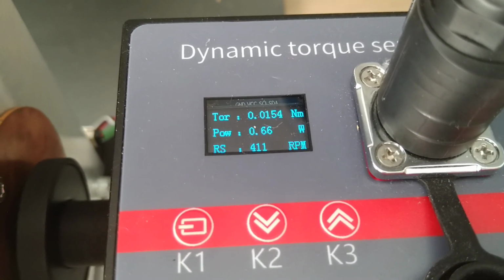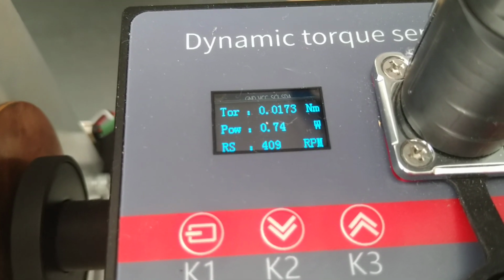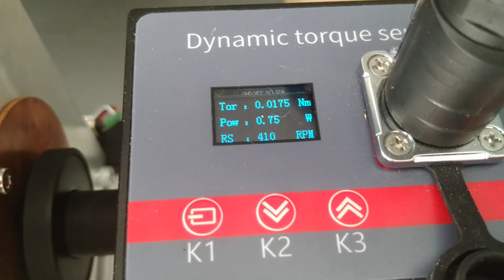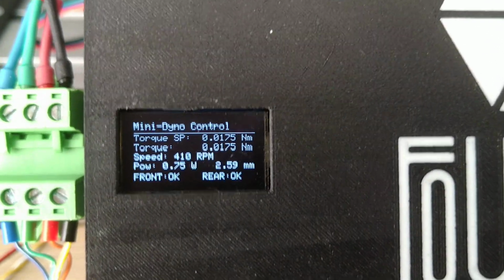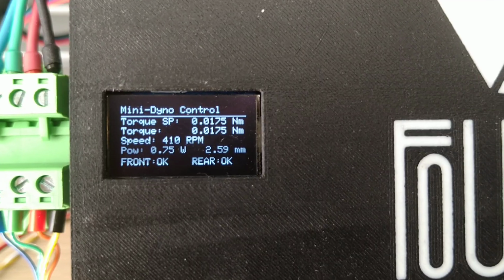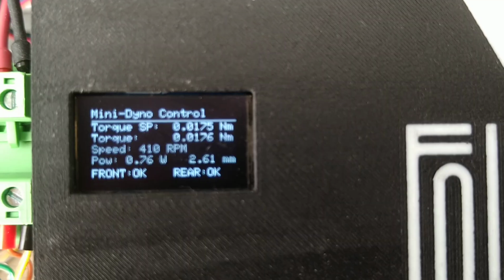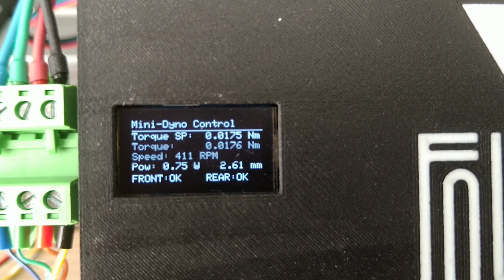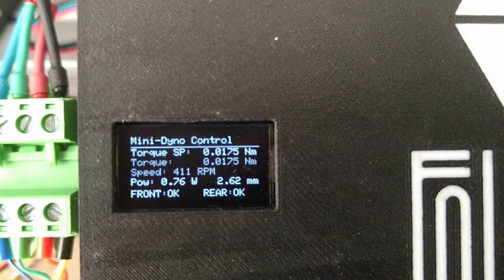So we are looking to get 0.0175, and on the display of the torque sensor we are already here, and let's see what a little bit nicer looking display is showing. And as you can see, the actual torque is already exactly the set point, again within 0.1 millinewton meters. It is maintaining constant resistance.